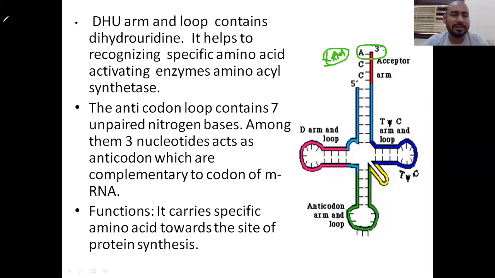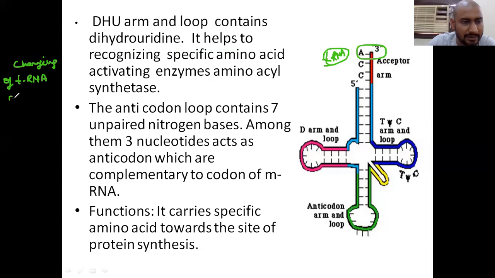I'm telling one important thing: charging of tRNA molecules. What is charging of tRNA molecules?